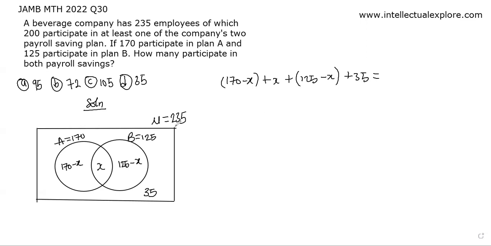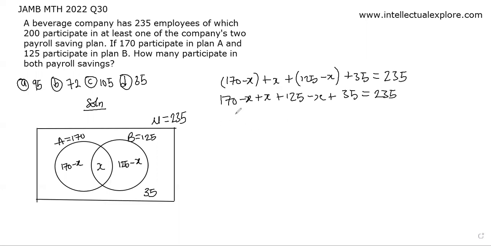All of them must give us the universal set, which is 235. So let's open up and collect like terms. This is 170 minus x plus x plus 125 minus x plus 35 equals 235.